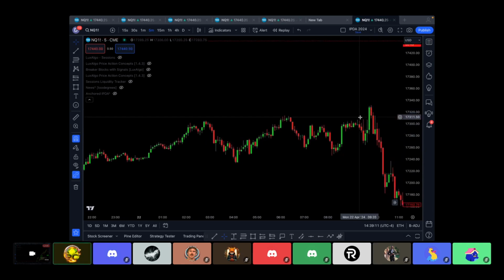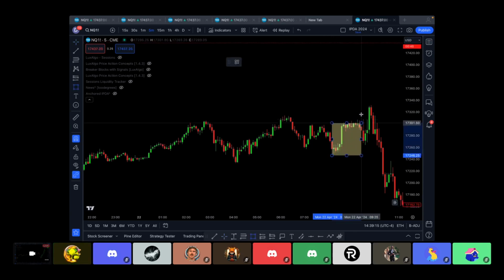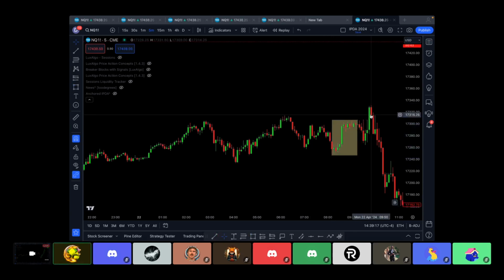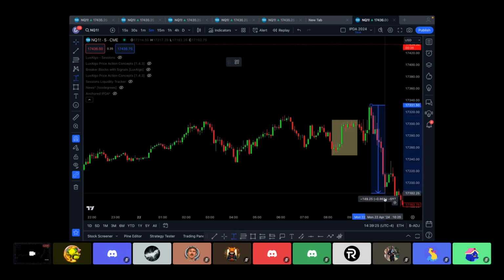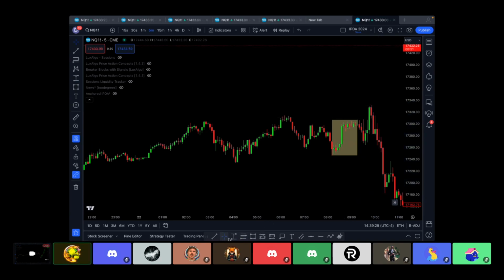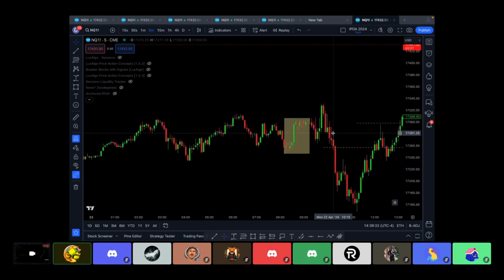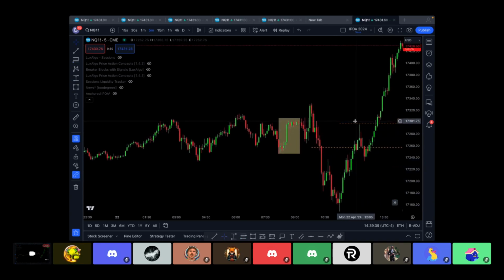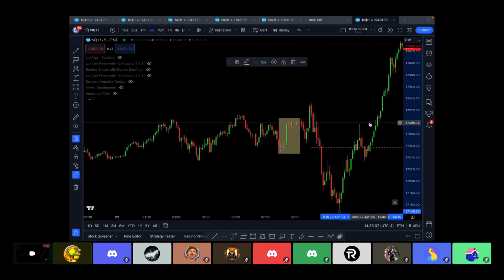Once we go above this range, this box here, once we sweep the high of it and the low of it, this becomes our dealing range. This is our dealing range. Okay. I'll try to give a better example soon. This becomes your dealing range.